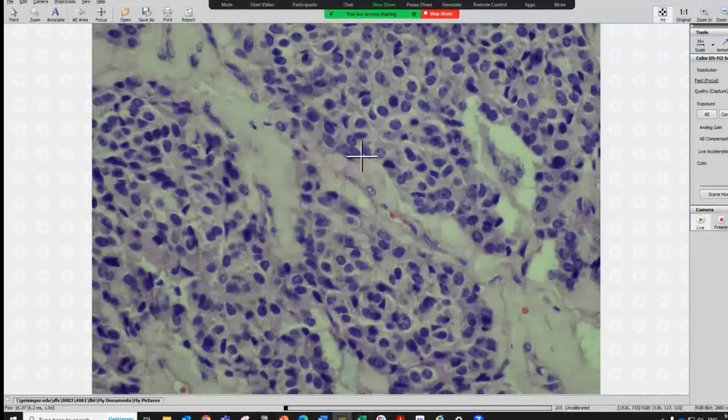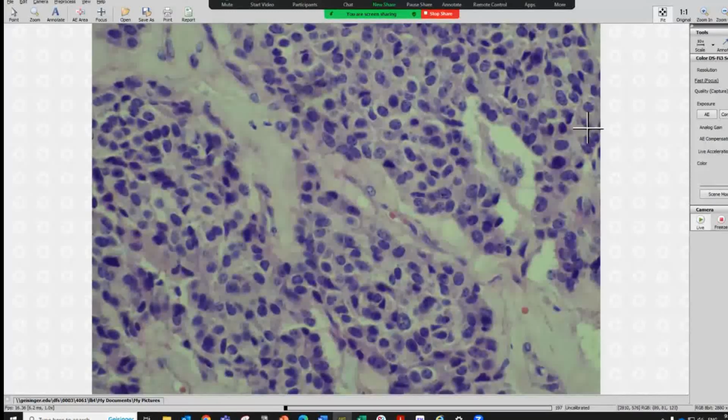Most of them don't have nuclear molding, and we can still see some cytoplasm. The characteristic nuclear feature is salt and pepper: the coarse chromatin is the salt, and the finer chromatin is the pepper. With this nuclear feature and solid sheet growth, it is highly suspicious for a NET. We continue with immunostaining to confirm: synaptophysin, chromogranin, and INSM1.